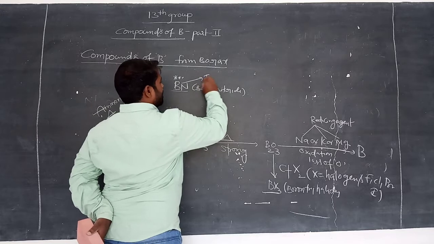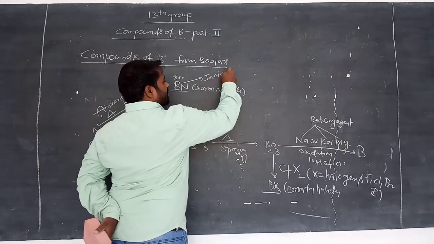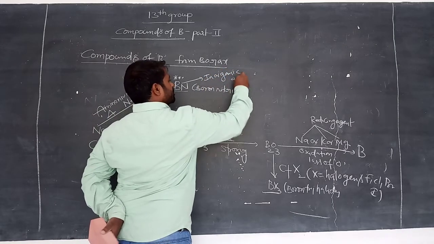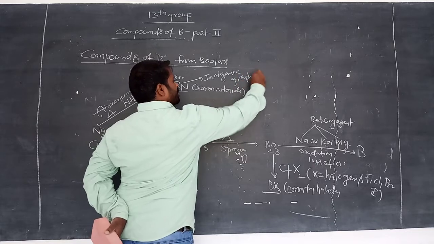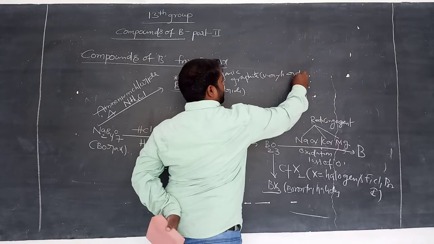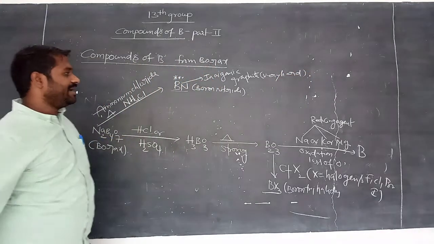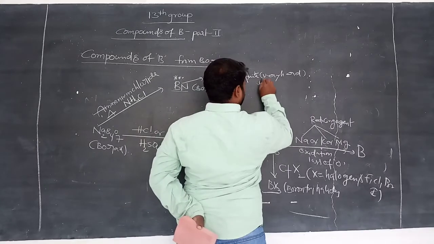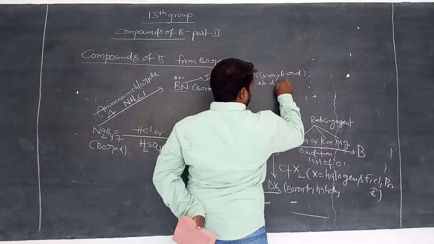It is called inorganic graphite. Very hard material, like diamond.